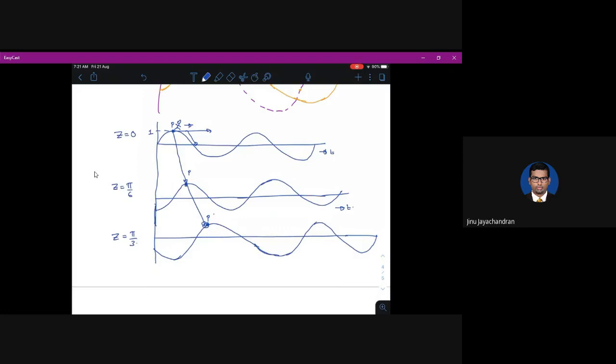So this is called a forward traveling wave.